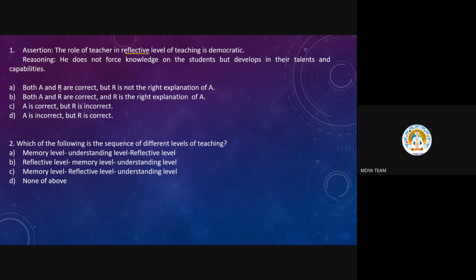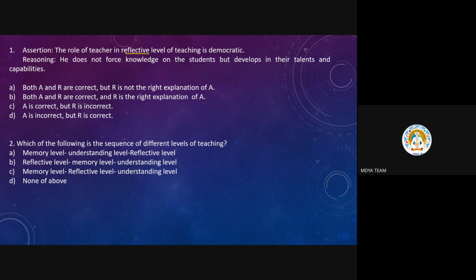Quickly, answer quickly. B, ma'am. Yes, it is B. Everyone is saying B. Yes, both A and R are correct, and R is the right explanation of A.